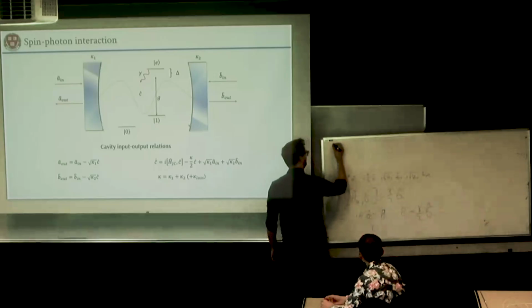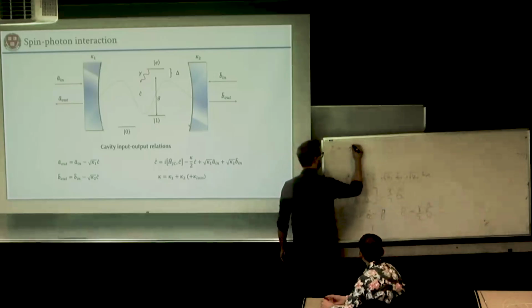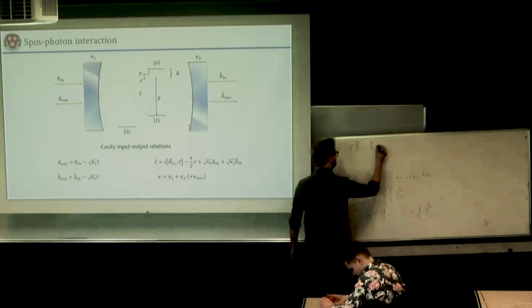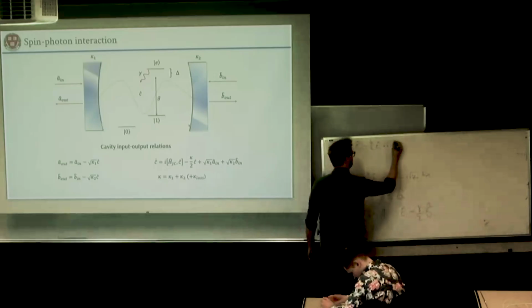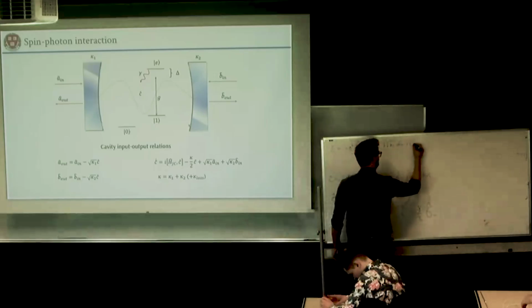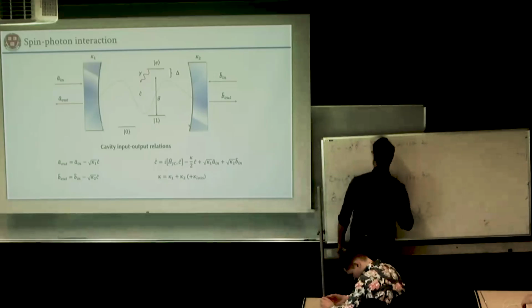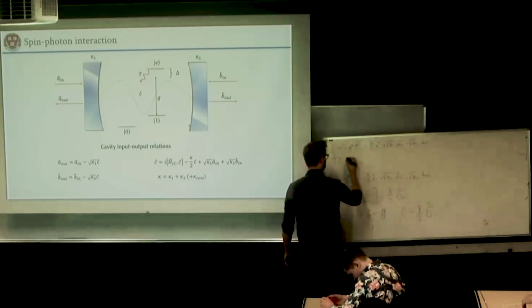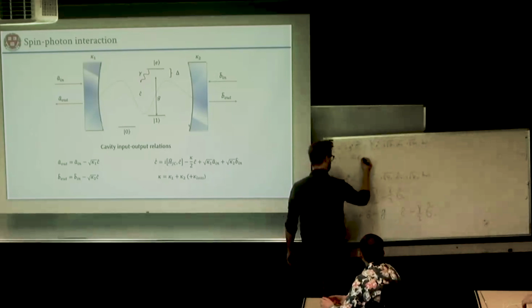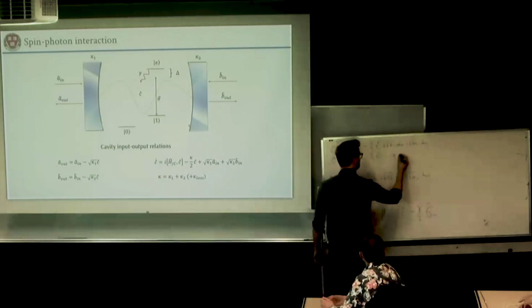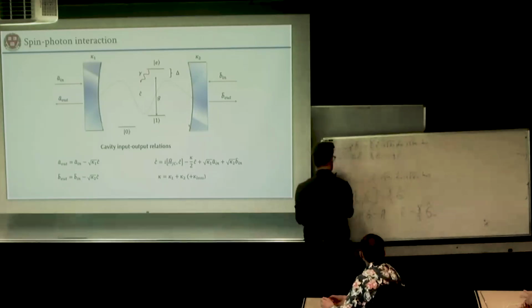So we have this one: minus G sigma minus kappa half C plus square root kappa 1 A in, kappa 2 B in. And we had the sigma equation: minus I delta minus gamma half minus E, IG, C.